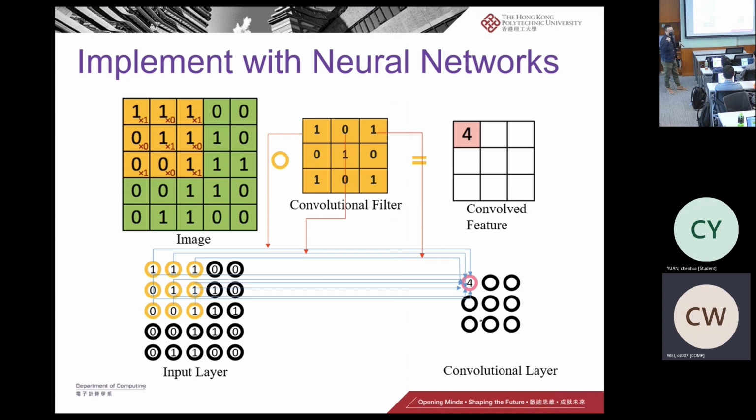For example, if the edges are useful, we can use that filter to pre-process the inputs to find the edges first, then the rest of the neural network will automatically build some kind of classifiers based on those edges.